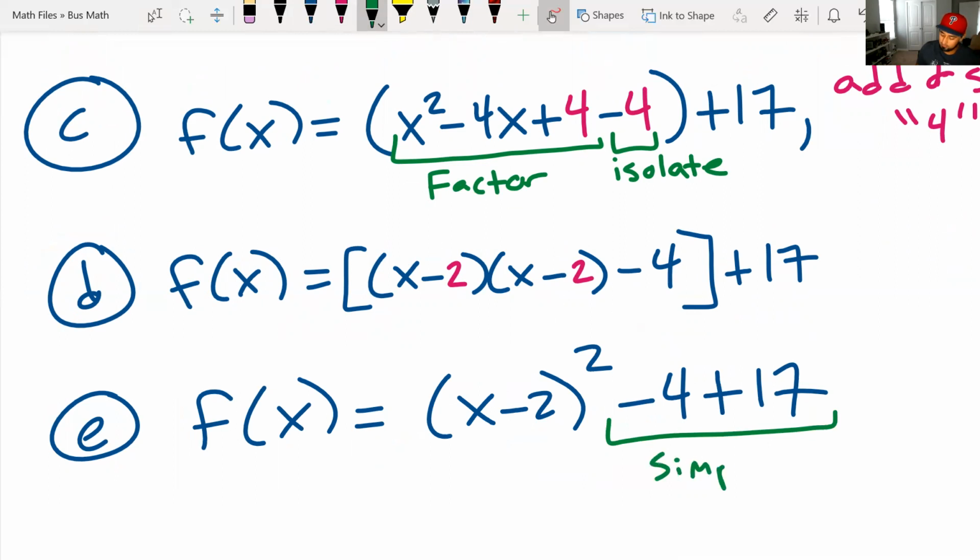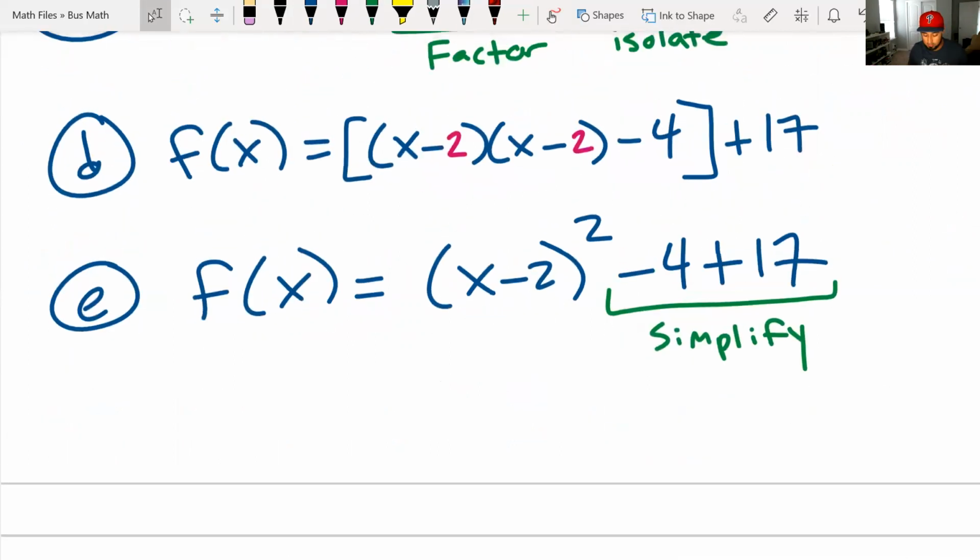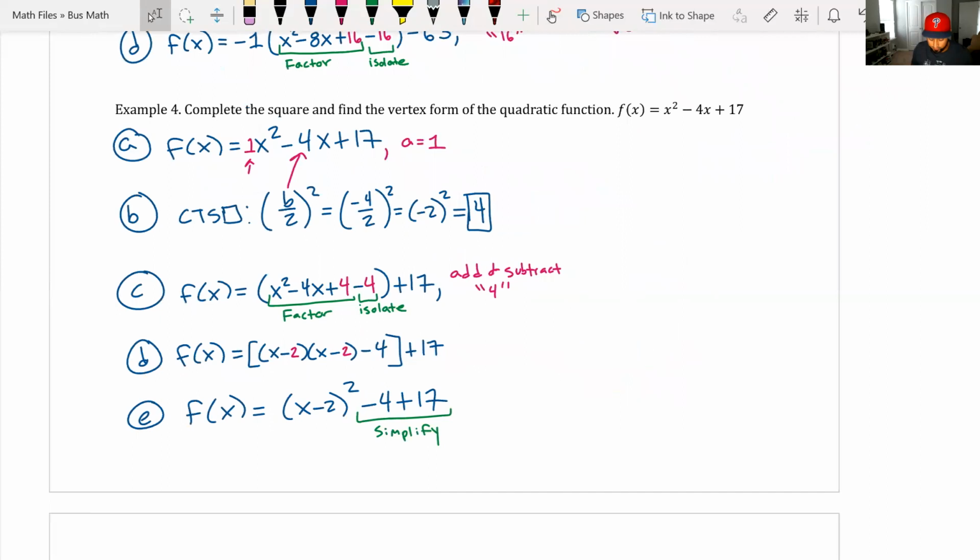Simplify. And we get our final answer. Where do I have room, right?